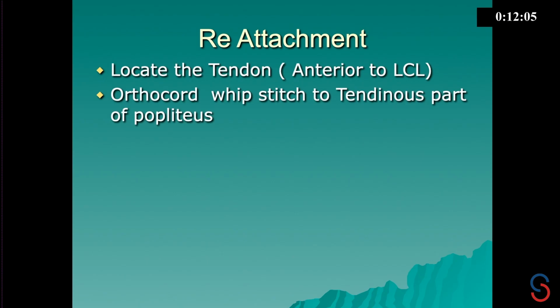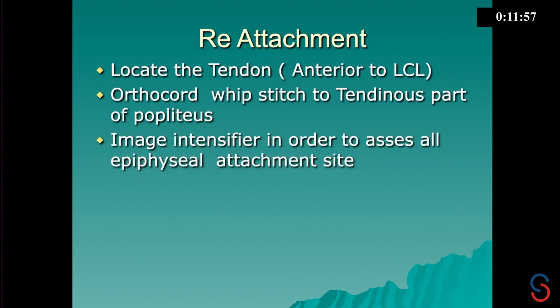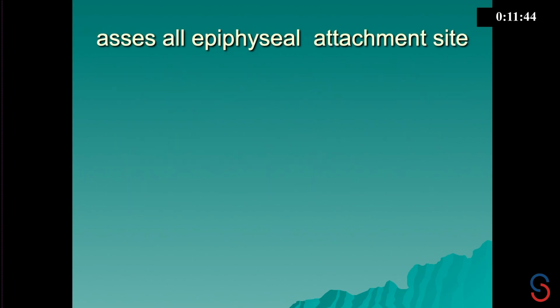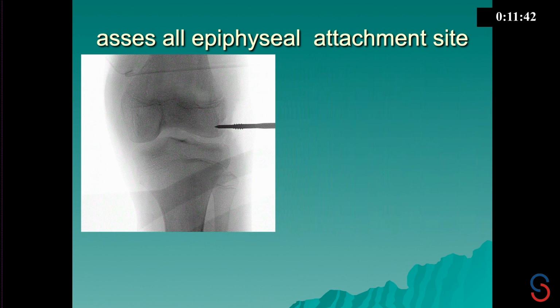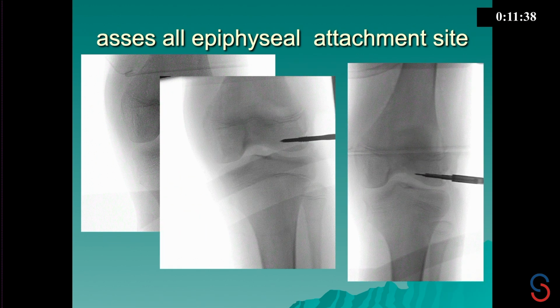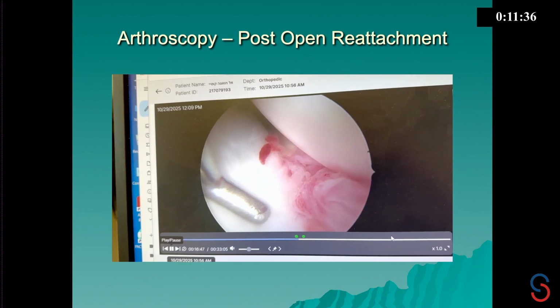The tendon was moved out of the joint. The tendinous part was whip stitched with an Orthocord wire. An image intensifier helped me assess the epiphyseal attachment sites, and a knotless Helix reattachment of the tendon was done. This is the Helix refixation, at the epiphyseal attachment site.